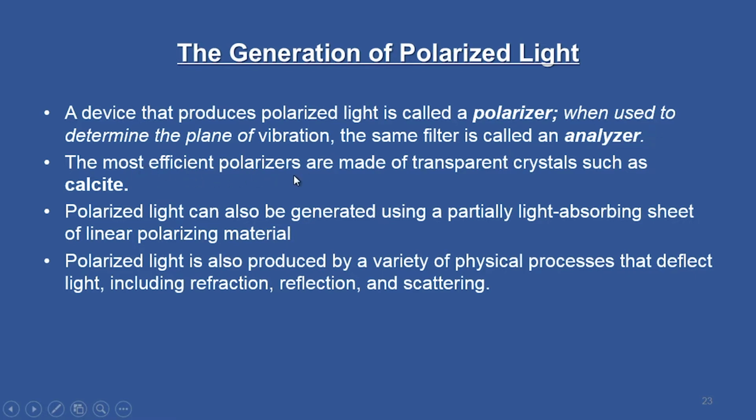The most efficient polarizers are made up of transparent crystal such as calcite. Polarized light can also be generated using a partially light absorbing sheet of a linear polarizing material. Polarized light is also produced by a variety of physical processes that deflect light, including refraction, reflection and scattering.